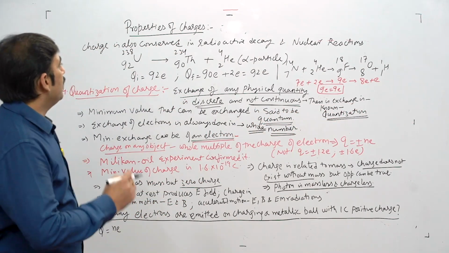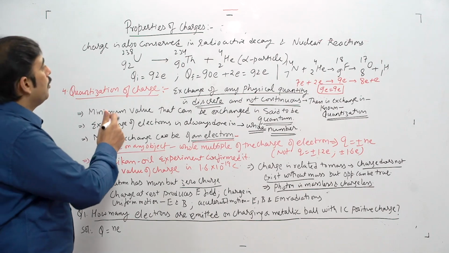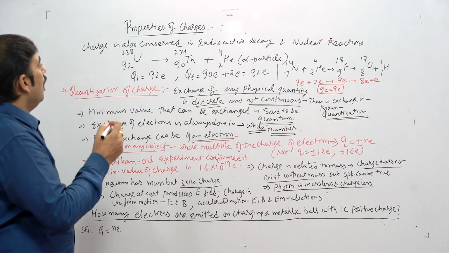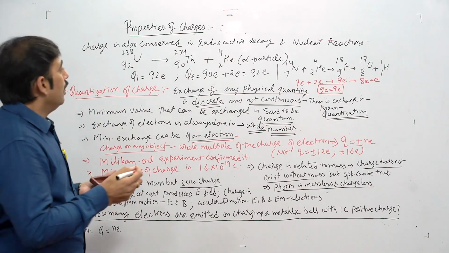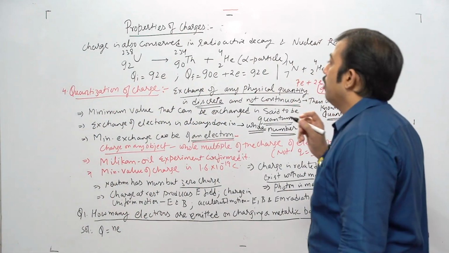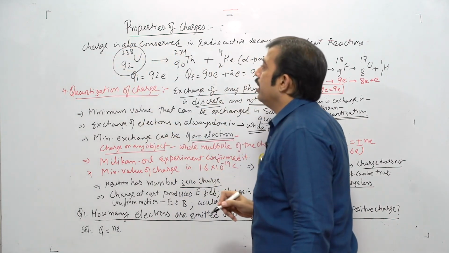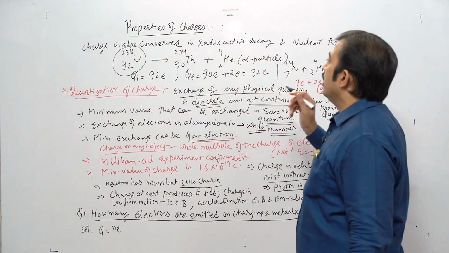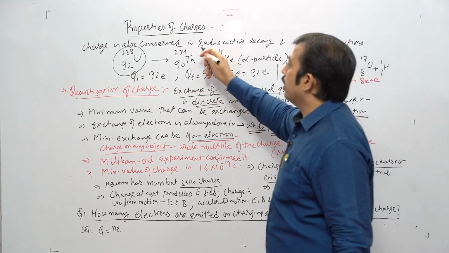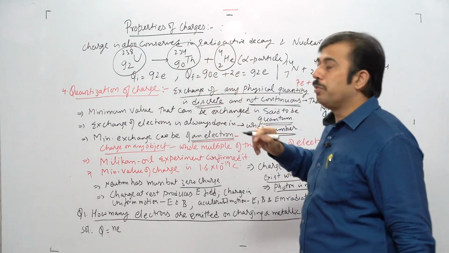So students, we have just discussed some of the properties, and we showed how we can show the conservation of charge. Now let's take the example of radioactive decay. Here you all know uranium, 92U238, and on decay it gives the byproducts thorium and an alpha particle, that is 2He4.